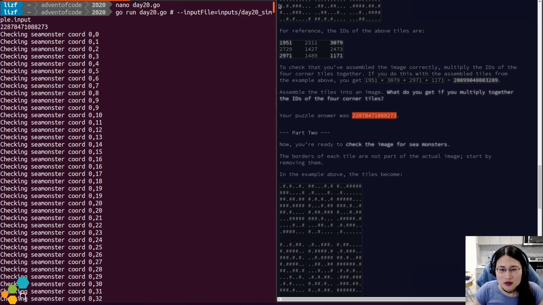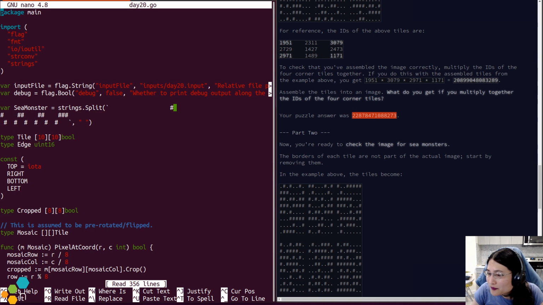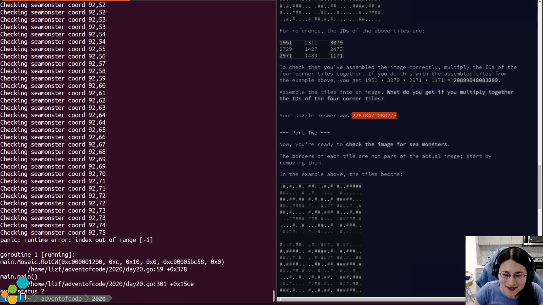Huh. That's interesting. So which index is out of range here? Wait. Oh. Is that it? Is that really it? Yeah, that's okay, that's better. I was constructing an absurdly wide sea monster that was 1 pixel tall, and okay, yep, got it.